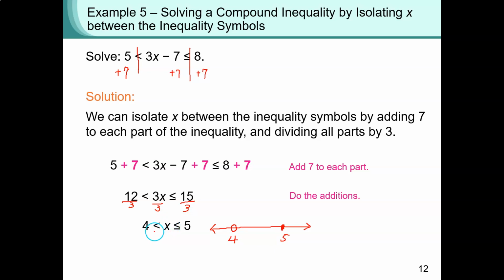Now x is between 4 and 5. It's bigger than 4, but not exactly 4, right? You can have 4.009, 4.00009, but not 4. So bigger than 4 and exactly equal to 5 or less than 5.